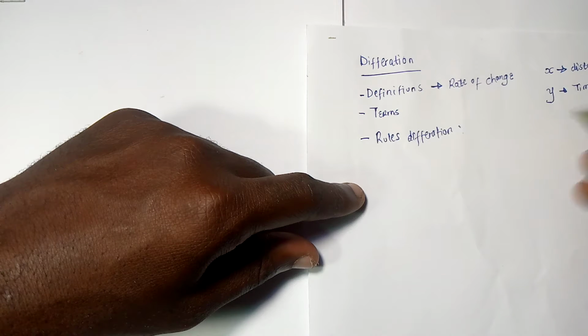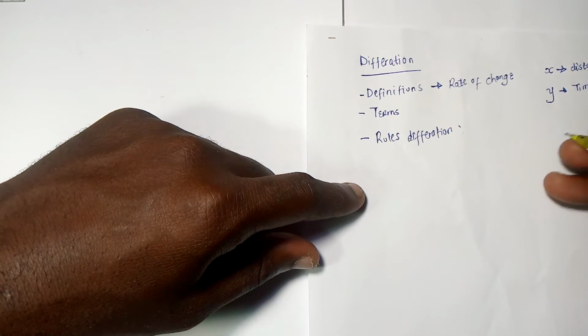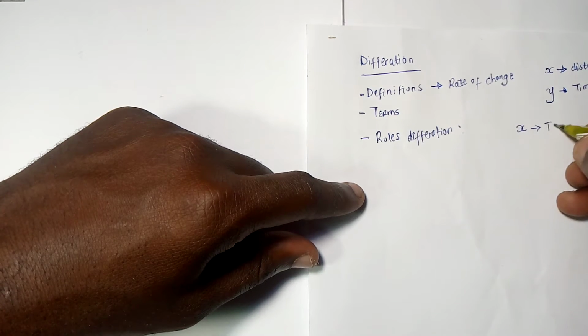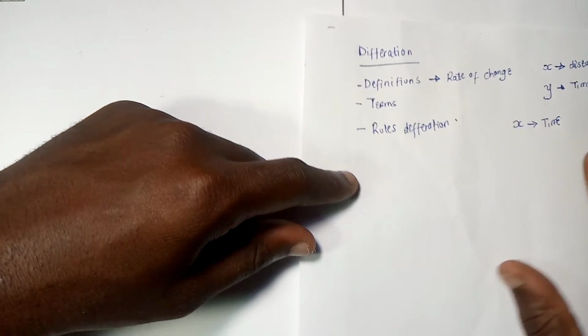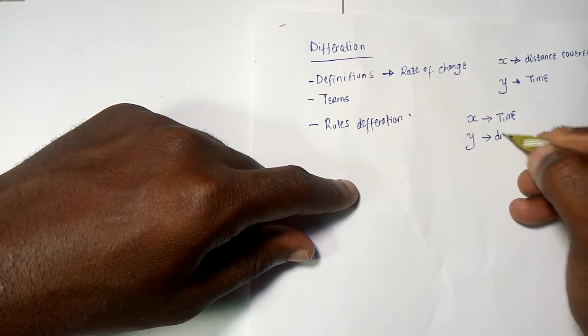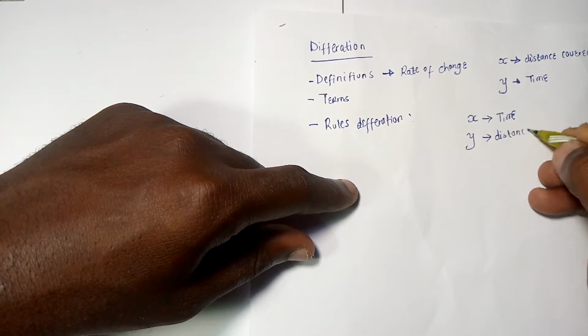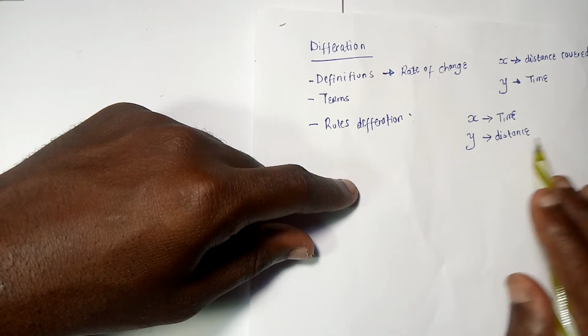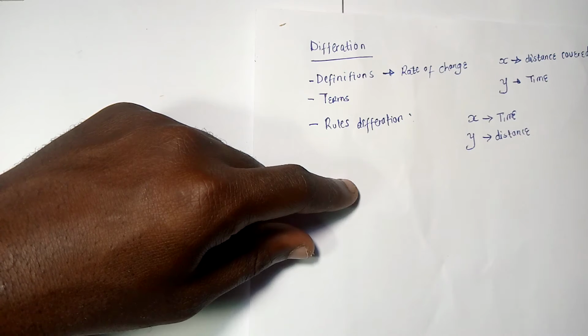In fact, it's best if I interchange them. So let's say X now is time, and Y is distance covered. So as time is progressing, you're also covering more distance.